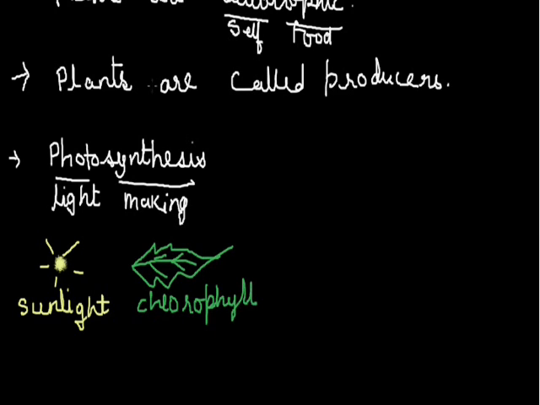The third requirement by the plants for completing this process is carbon dioxide, which is already present in the atmosphere. And the fourth requirement is water, that is H2O. So, by using sunlight, chlorophyll, carbon dioxide and water, plants prepare their own food, and it is called photosynthesis.